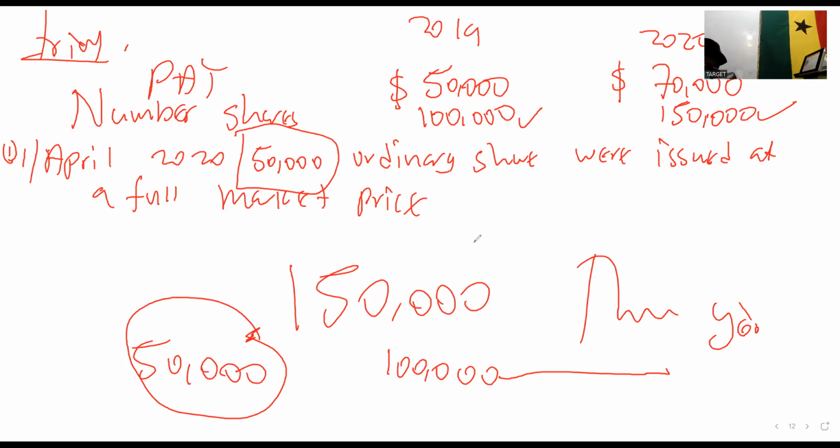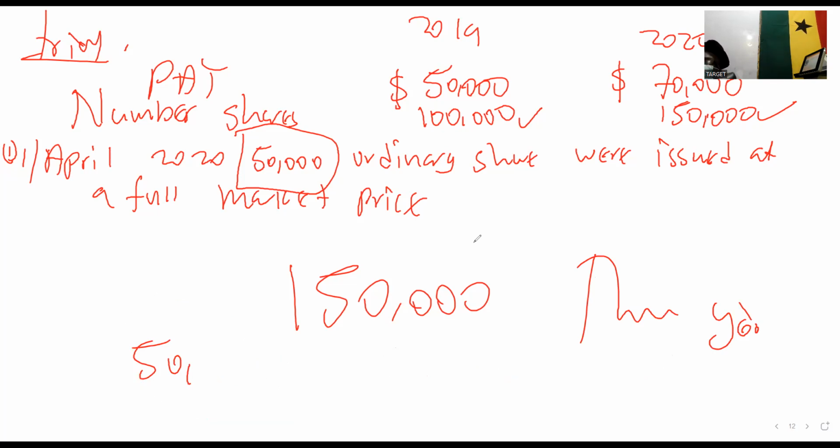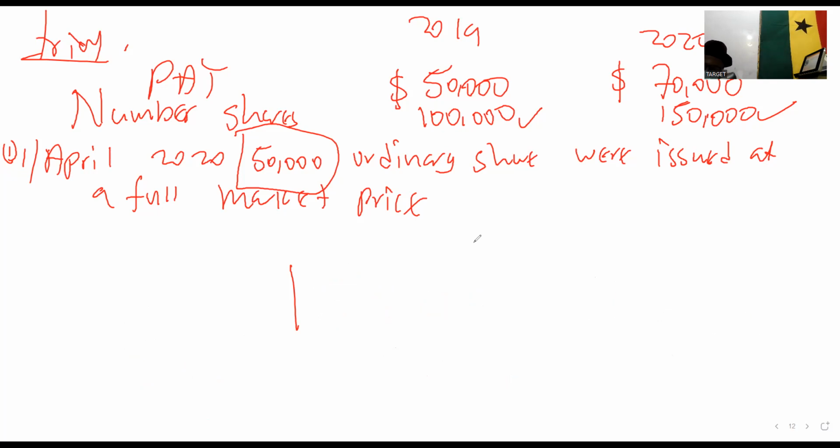So anytime you issue shares at a full market price, not at the beginning of the year, but in the mid-year, like this one, April, June, July, August, then you must weight average. Please, their financial year ends at 31st December. Let's take notice of that.